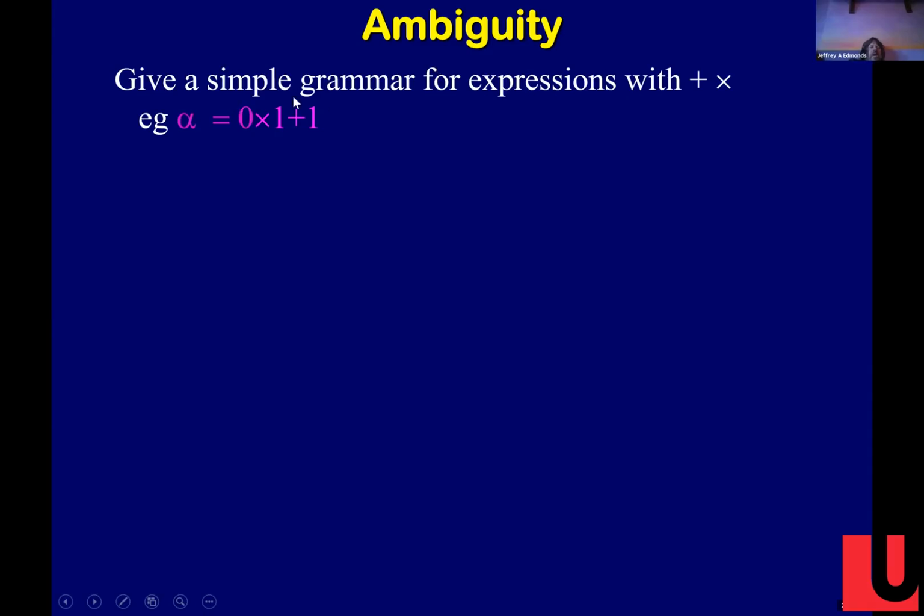Now, some context-free grammars have ambiguities in them, and some of them are free of ambiguity, right? So what does this mean? Well, if my grammar said a string is either 0 or it's 1, or it's s plus s, the sum of two strings, or it's the product of two strings, right?